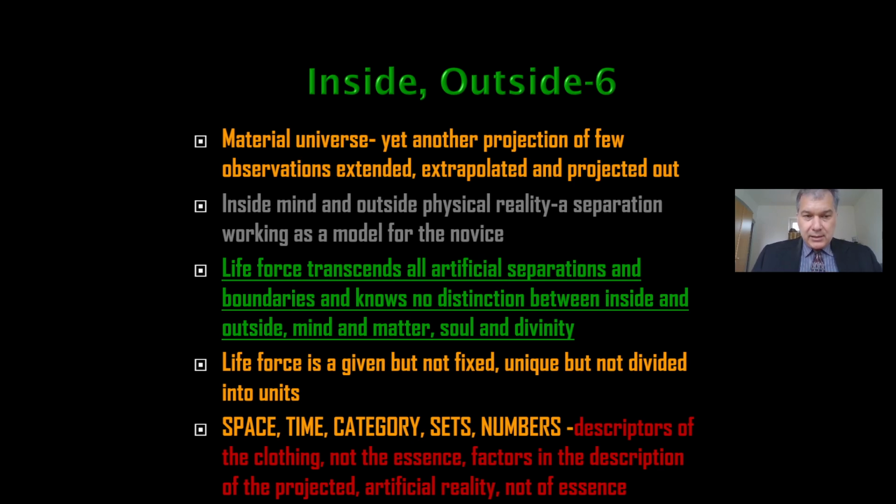Why? Because a few observations are extended, extrapolated, and projected out, ignoring everything else but what can be measured by physical, scientific means. Okay? So you have something that is a projection of your tool, right?